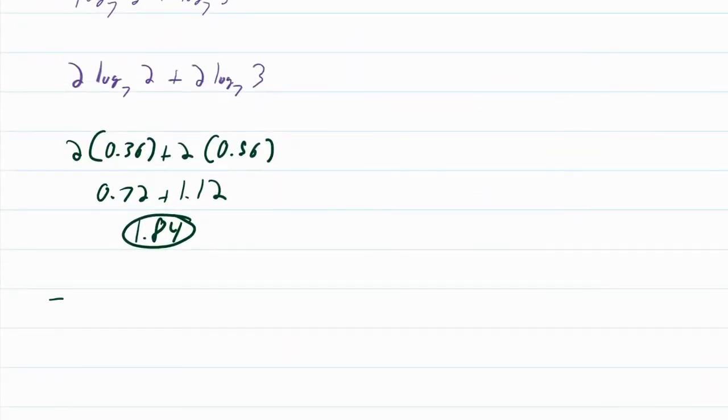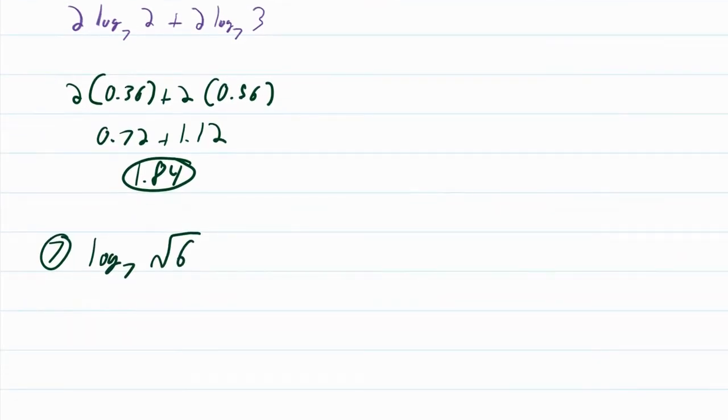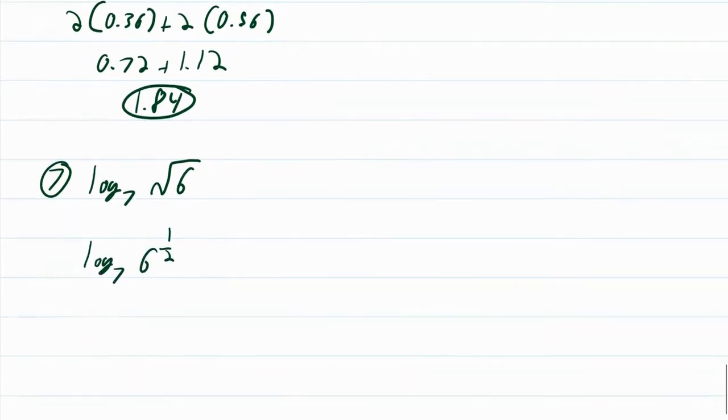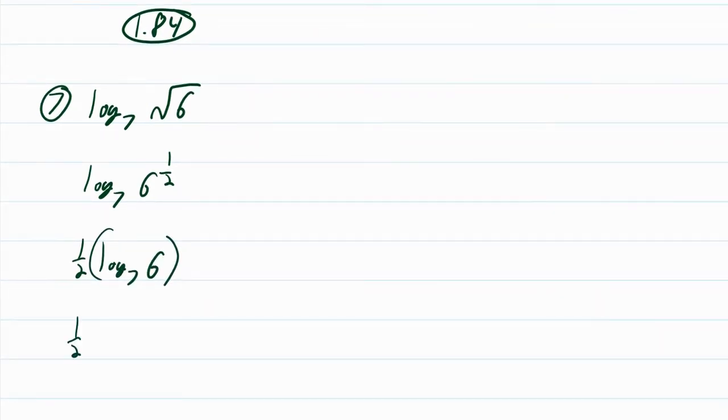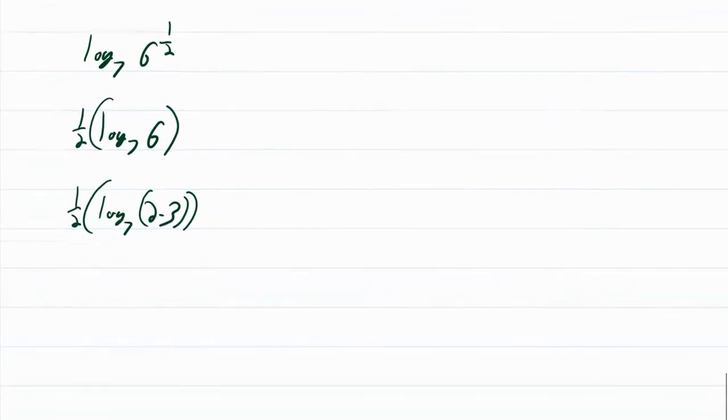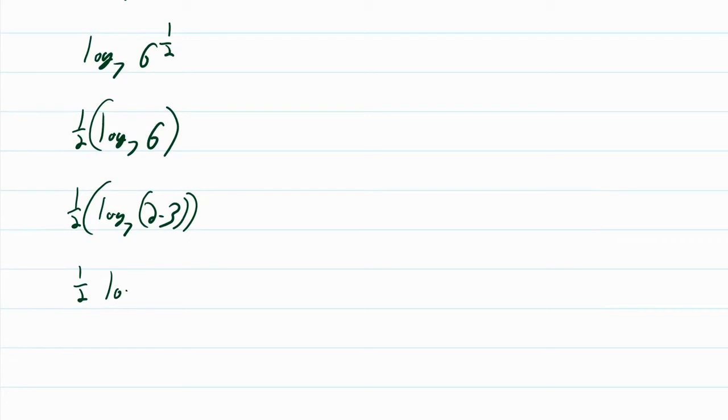Let's do another one. I could do the log base 7 of root 6. So log base 7 of root 6 is the log base 7 of 6 to the 1/2, or 1/2 log base 7 of 6. But log base 7 of 6, if I break up 6 into its prime factors, I get 2 times 3, which gives me the log base 7 of 2 plus the log base 7 of 3, which should be in parentheses because the 1/2 is multiplied by both of them.